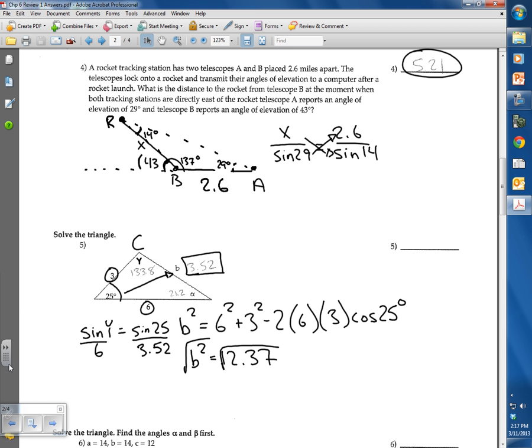Sine of 25 divided by 3.52 times 6 is 0.72. Inverse sine. And we get 46 degrees, which is not our final answer.